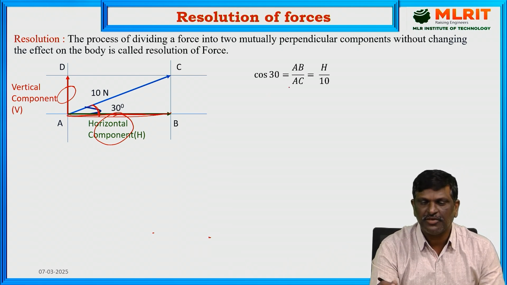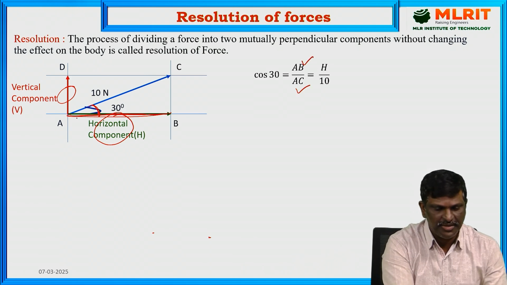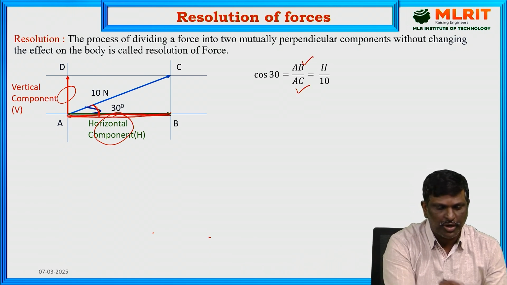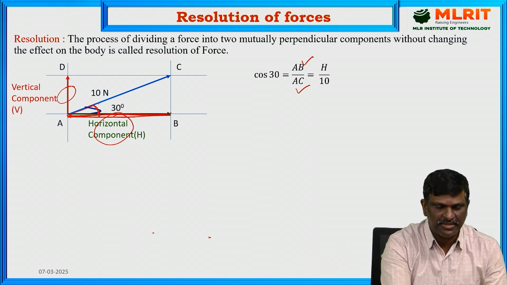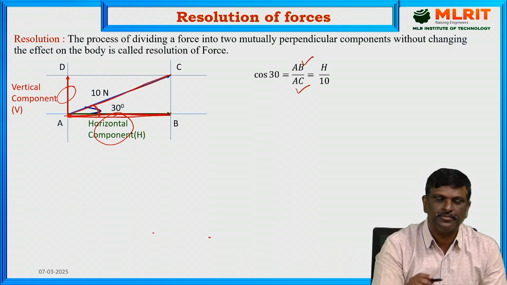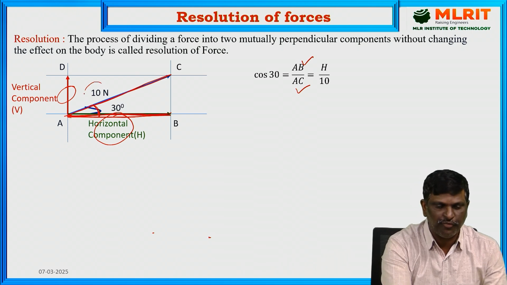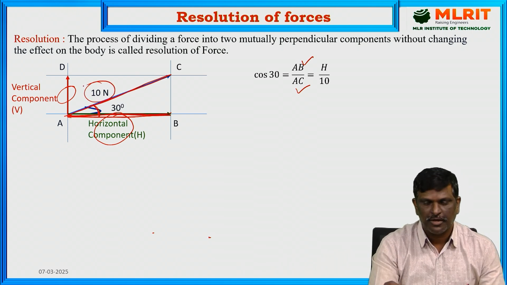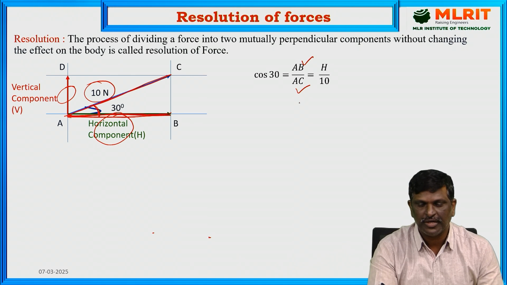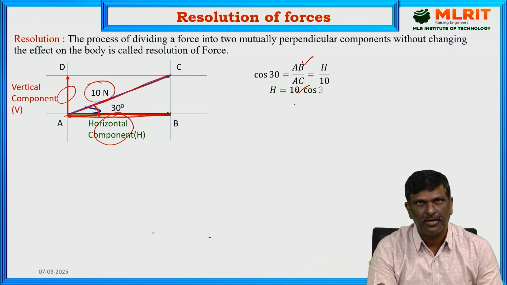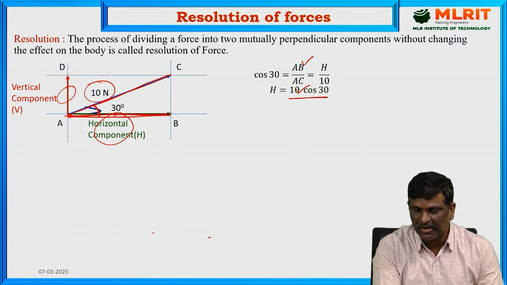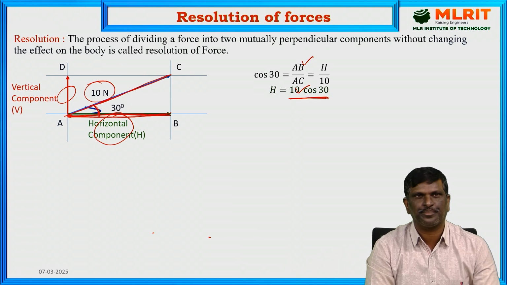Cos 30 is equal to AB by AC. AB is my horizontal component. AC is the diagonal of the rectangle, which is nothing but force 10 newtons. Now from this we can calculate the horizontal component H. The horizontal component is given by 10 cos 30.